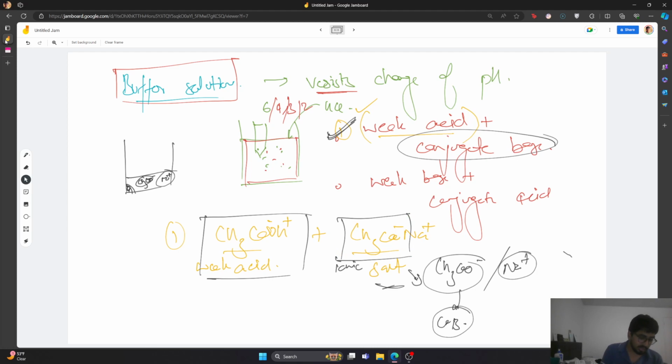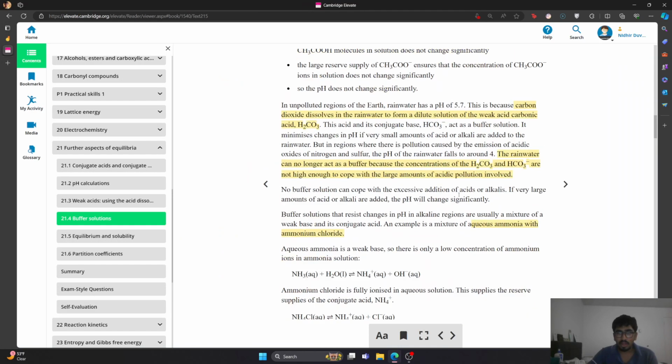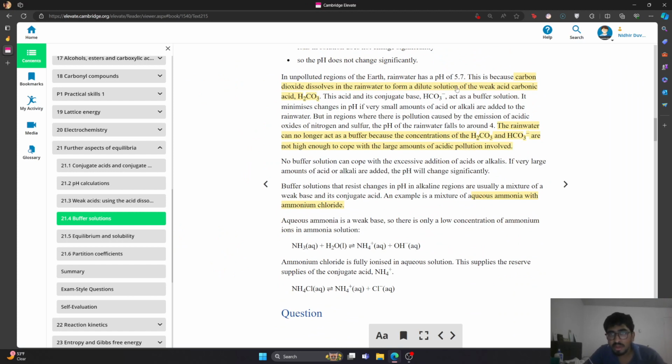So just make sure you understand how this is formed. This is one solution: an acid and a salt of that acid. Another example they've given is how rainwater also forms a buffer solution, because there is CO2 in the liquid, and that CO2 mixes with water to form carbonic acid, which is H2CO3.